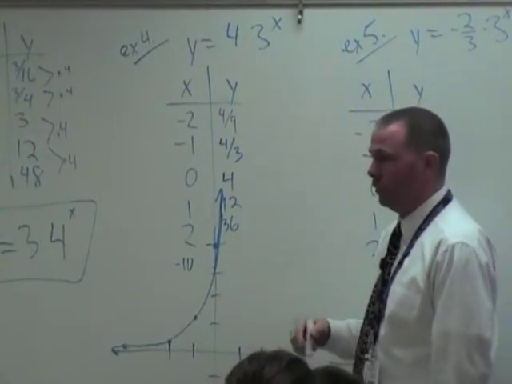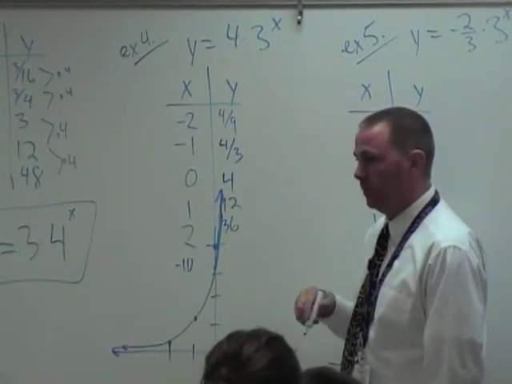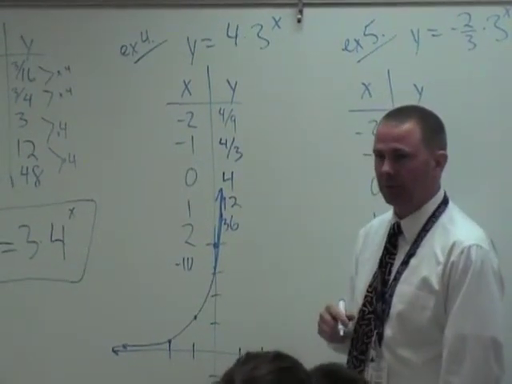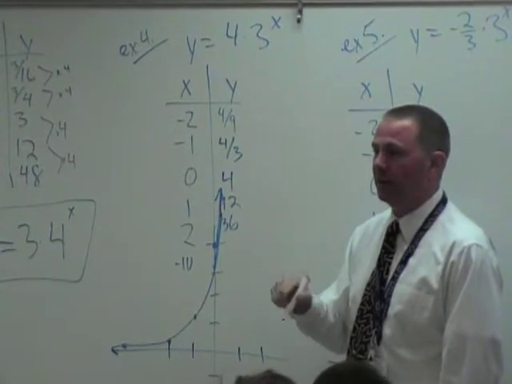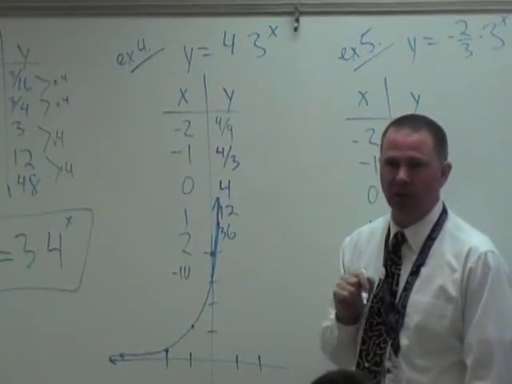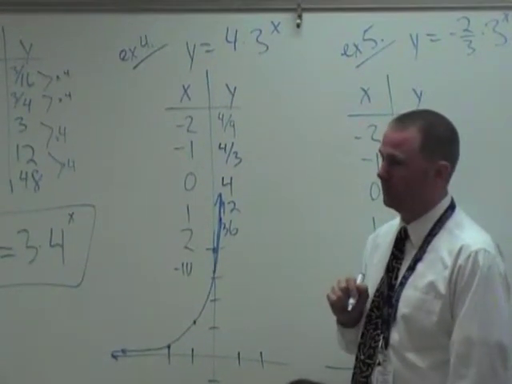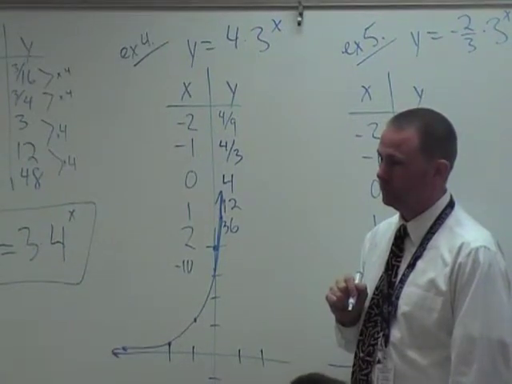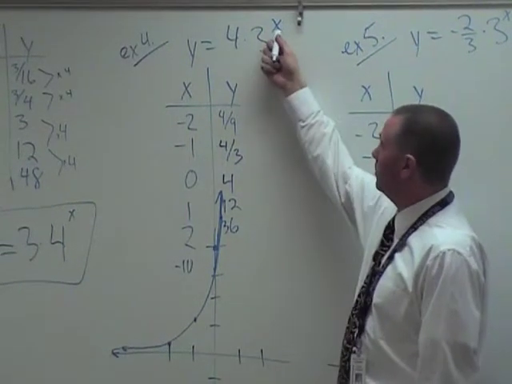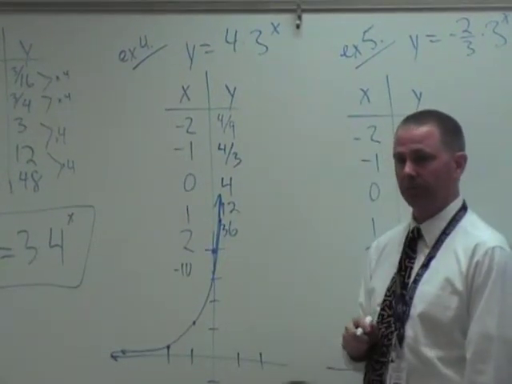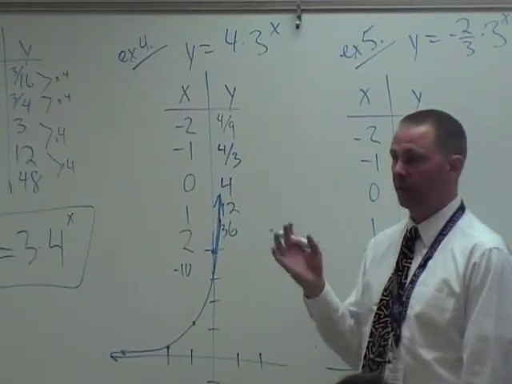What's the domain? The domain is talking about all your x values. Is there an x value that will not work, is my question. That's the easiest question to ask. Is there an x value that I can put in here that does not work? Or do all the x values work?